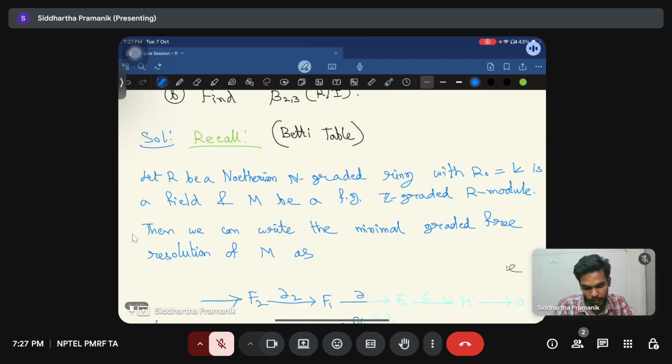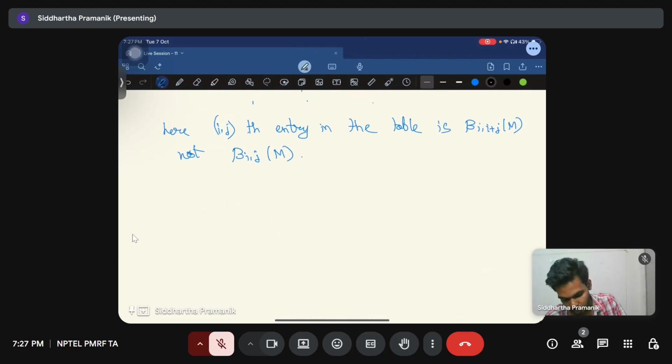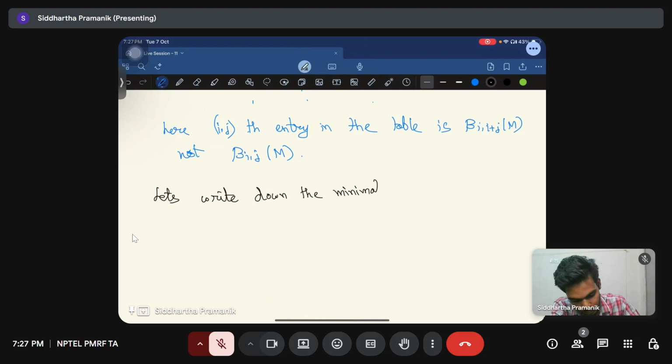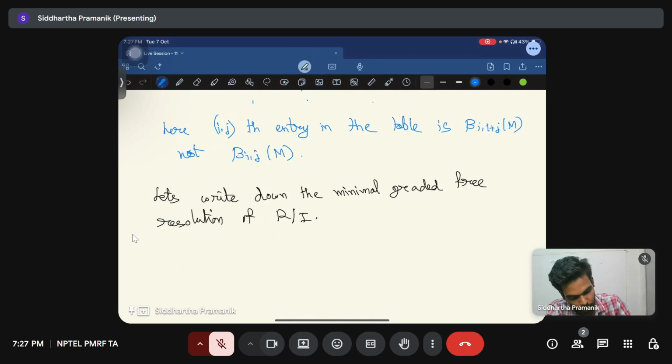Okay, so let's do this. So one can do this in Macaulay very easily, but in this case, we will do it by hand. Let's write down the minimal graded pre-resolution of R mod I. So we will take R mod I first and surject it from a free module.